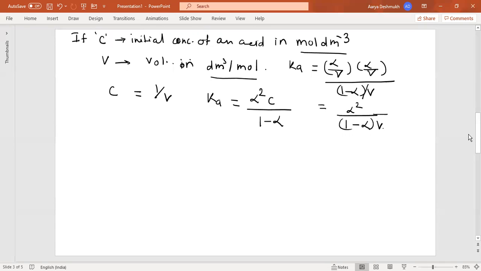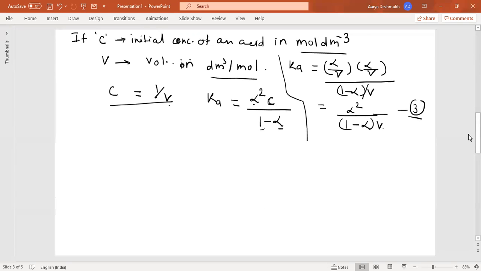Okay. Now we have this equation in front of us. This is your equation number 3 actually. Now instead of this, we have got C equals 1 by V. Now replacing this 1 by V in equation number 3, you replace this 1 by V by C. So here you can write alpha square into C divided by 1 minus alpha.